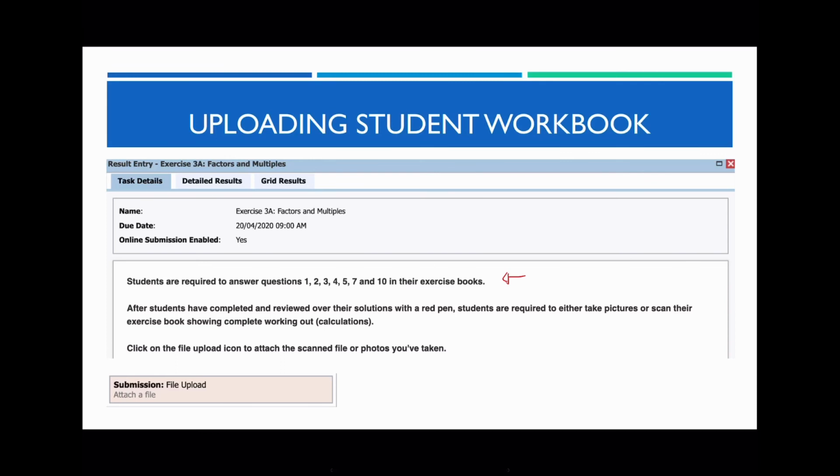Down below that window, you should see a little icon where it says submission file upload. By clicking onto this icon, you should be able to attach the images that you've taken of your workbook, or if you've scanned it, please make sure you upload that. By doing that, I can check to see whether you're actually doing the required work or not.